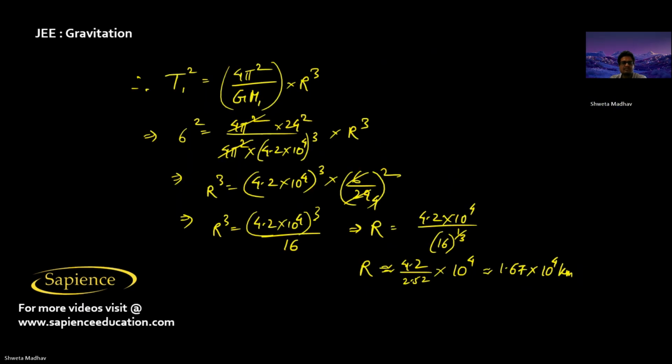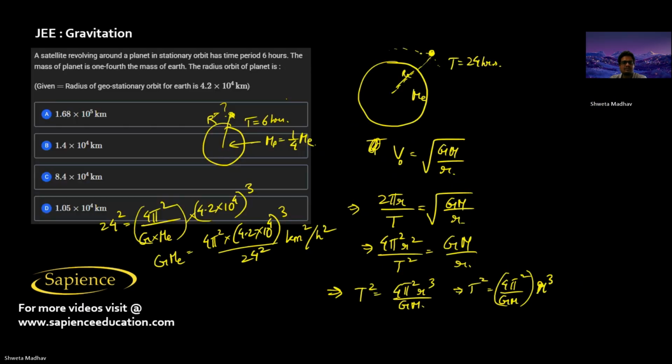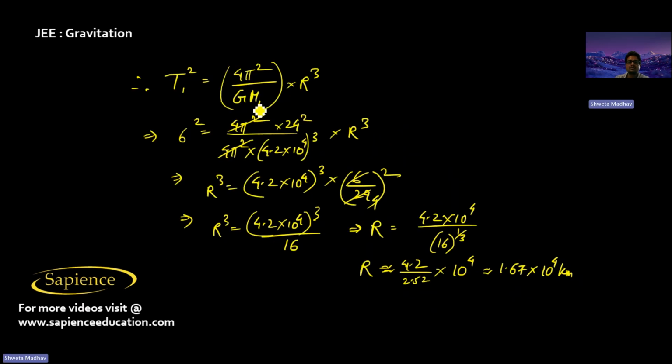So here the mass of the planet is 1/4 of the mass of the Earth, so I can say this is 1 by 4 times. So I will say this is equal to 4 pi square by 1/4 of GM into R cube. So this will become 6. This 1 by 4 will go up, this will be into 4. So 4 4 is 16.